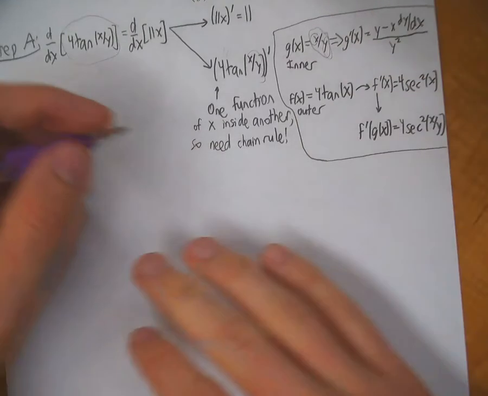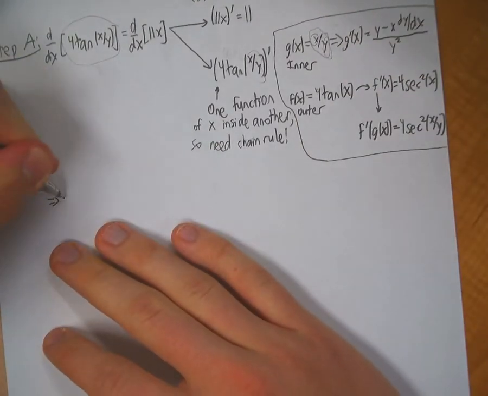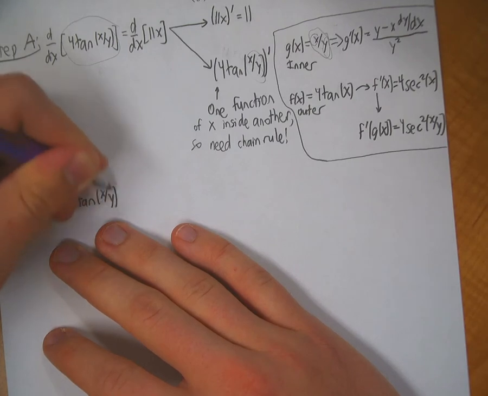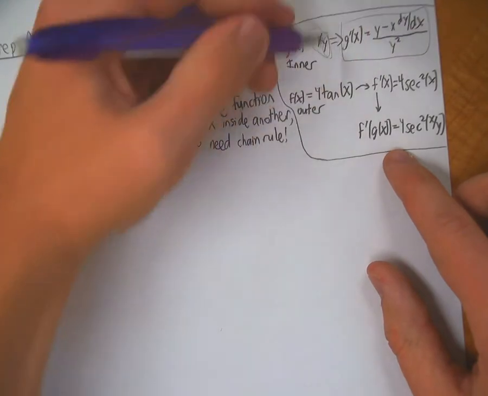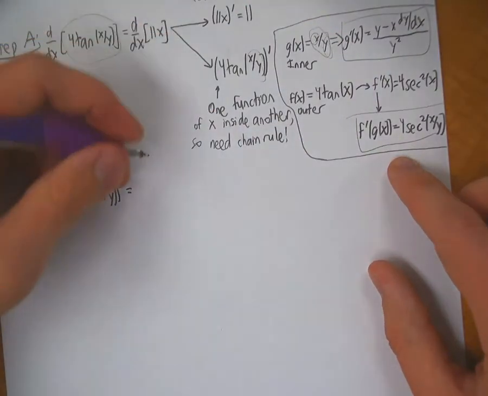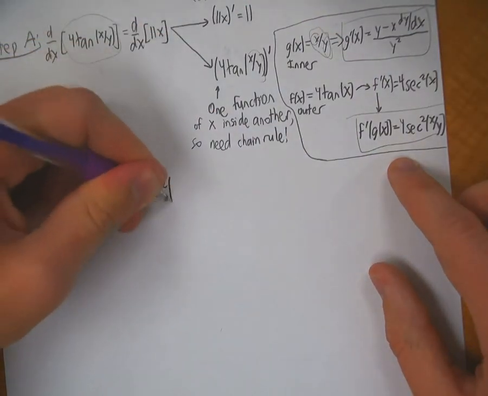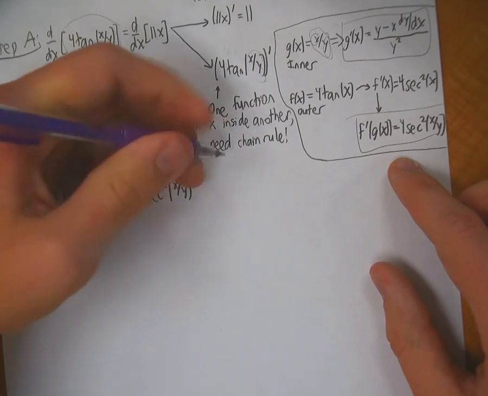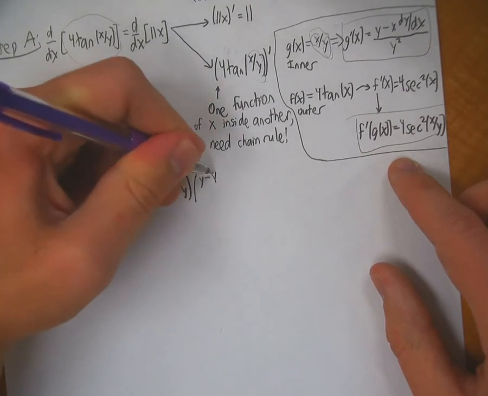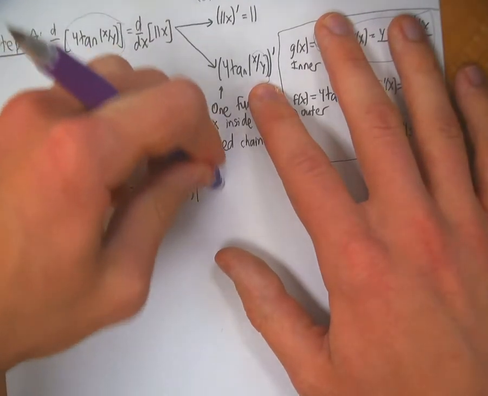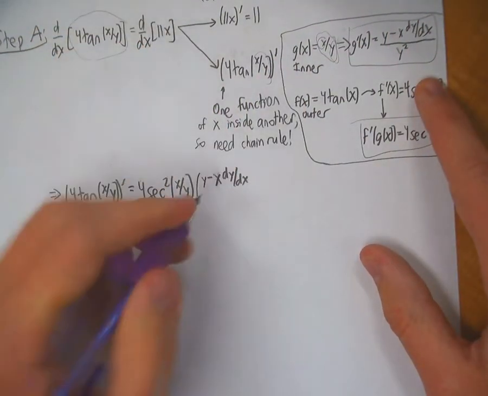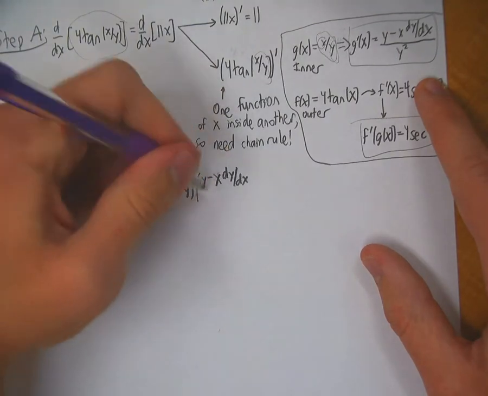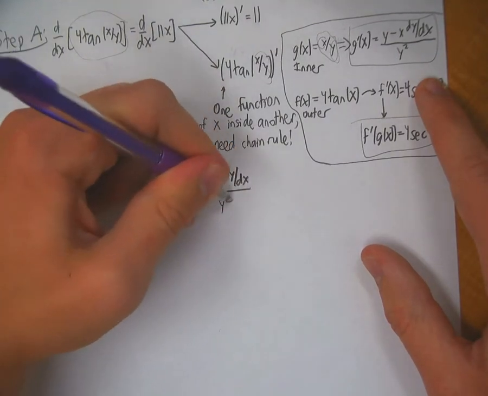Now that we have that, the derivative of 4 times tangent of x divided by y is just, well, multiply these two together to get 4 times secant squared of x divided by y, times y minus x times dy dx, all over y squared.